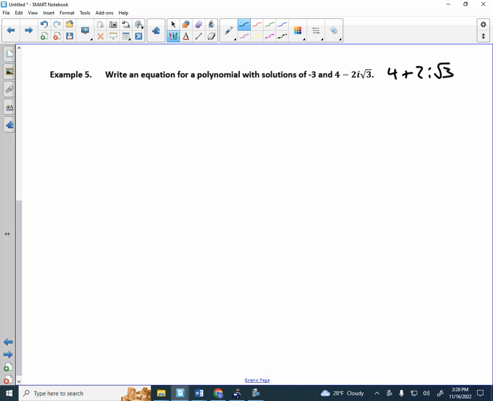So therefore, you have the following. x what? Plus 3. Now I'm going to be careful here because people often make a mistake. I'm going to write this as x minus the quantity 4 minus 2i roots of 3. And then x minus the quantity 4 plus 2i roots of 3.